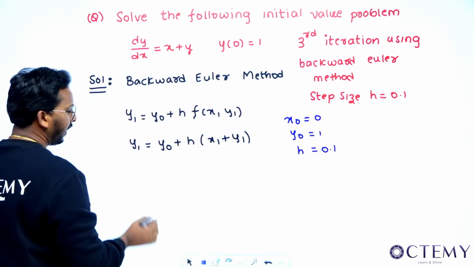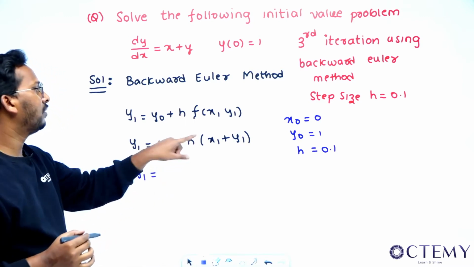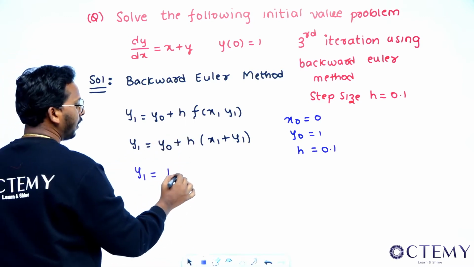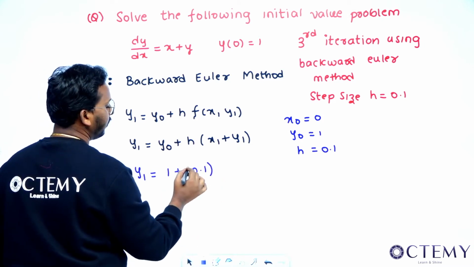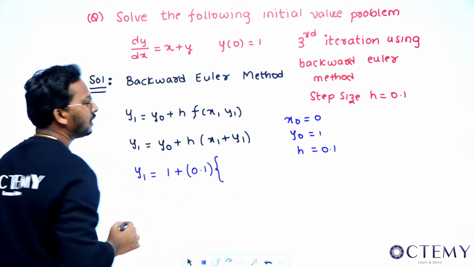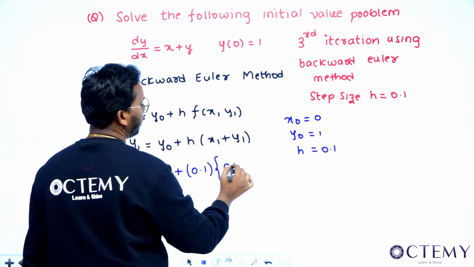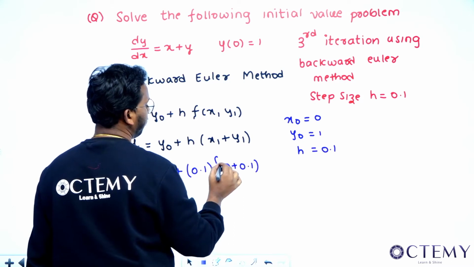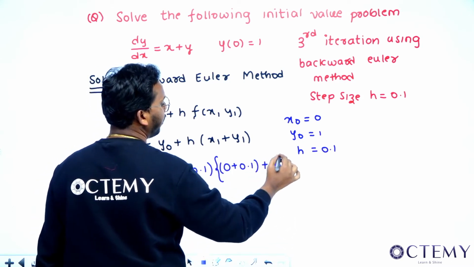So from here, can I find y1? What is y0, sir? y0 is 1 plus h value, the value of h is 0.1. What is the value of x1, sir? That is x0 plus h, that is 0 plus 0.1, plus y1. I have to find y1.